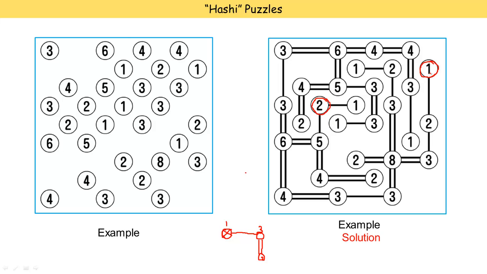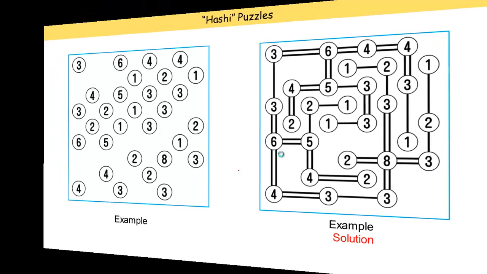There's got to be a path that makes it all the way to that 2. So how about we go down, over, up, around, yeah. So you know you've done it right if from any node you can find a path to any other node.